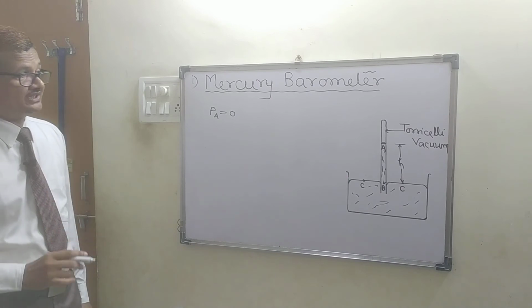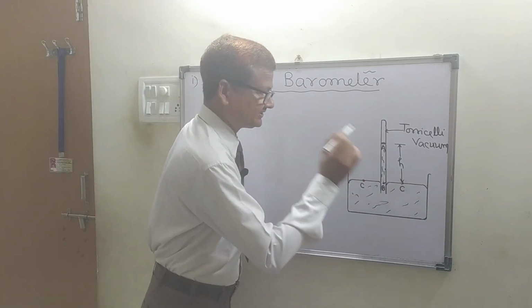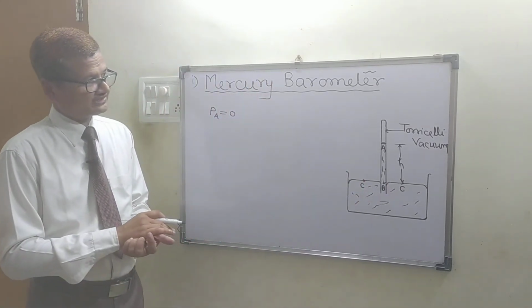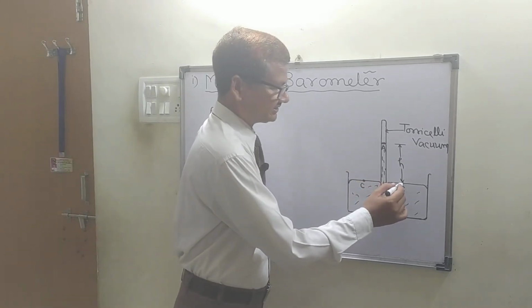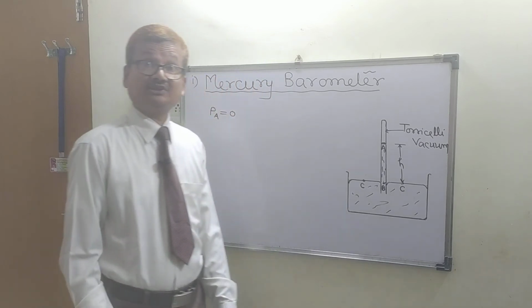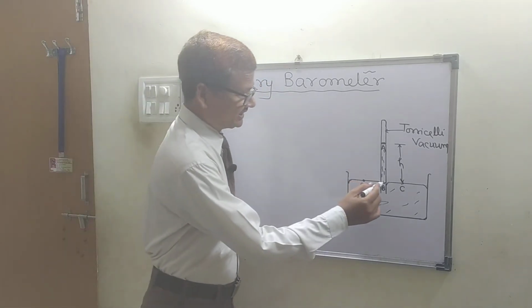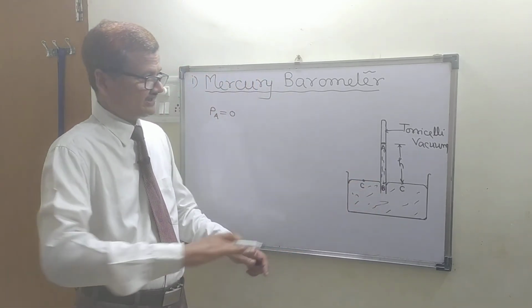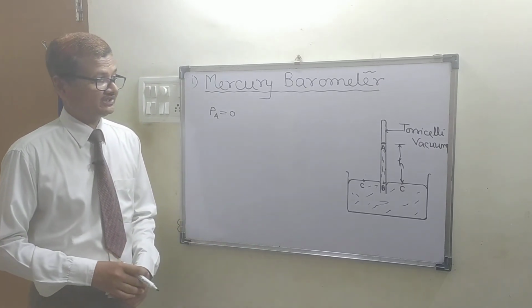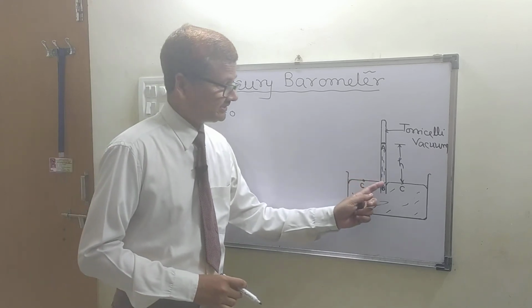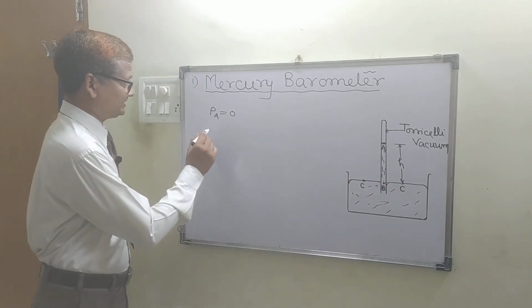Consider two points B and C. Point C is just on the free surface of the mercury, so the pressure there is the atmospheric pressure, and point B is at the same horizontal level as point C. Therefore pressure at B is equal to pressure at C.